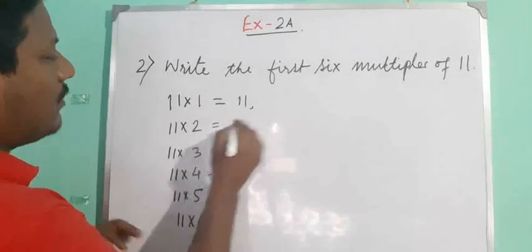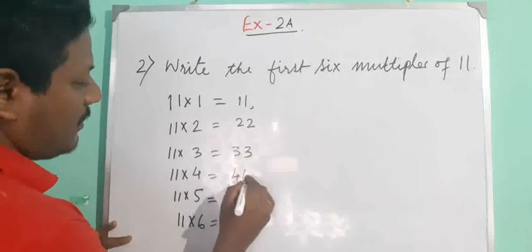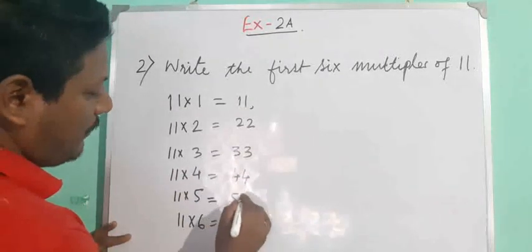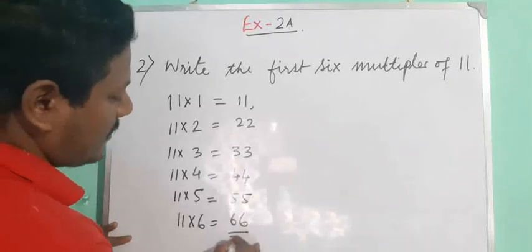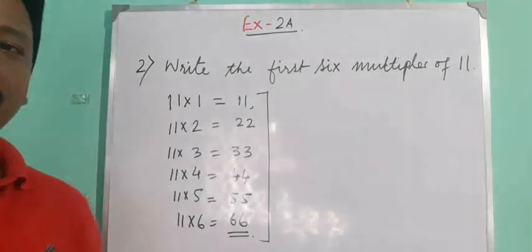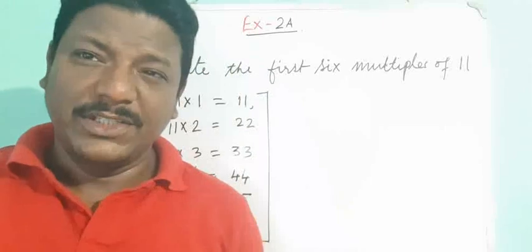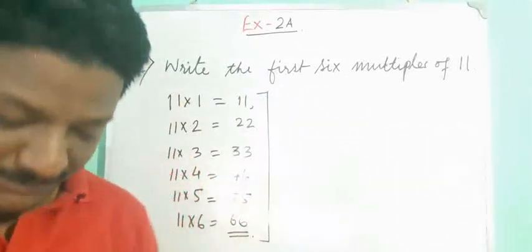Okay, so simple, you know, that is 22, 33, 44, 55 and 66. So this is the first 6 multiples of 11.